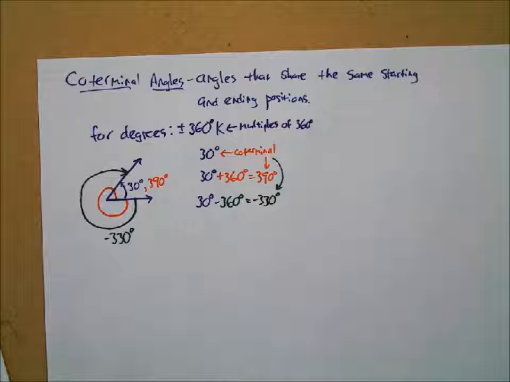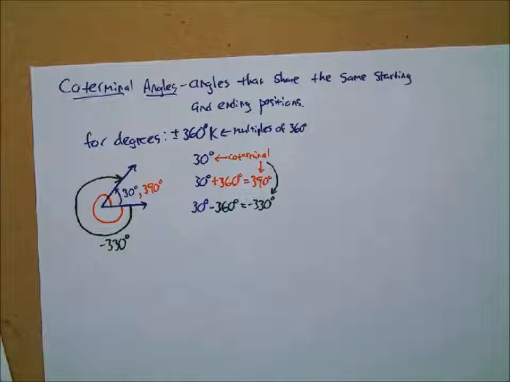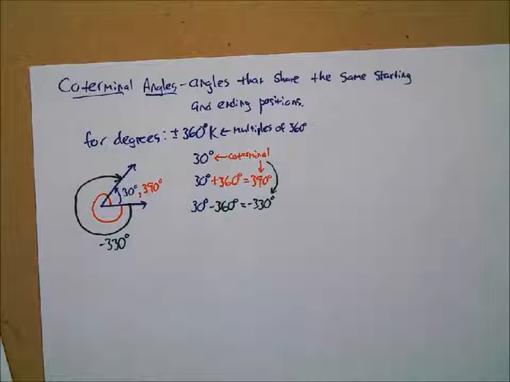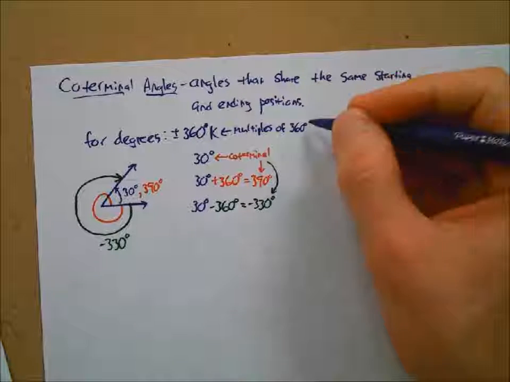If for degrees we're adding multiples of 360 degrees, if I wanted to find coterminal angles for angles that were in radians, what would be the equivalent thing to do? Adding multiples of 2 pi, or subtracting multiples of 2 pi, right? For radians, we're just going to add or subtract 2 pi's, because that's what's equivalent there.